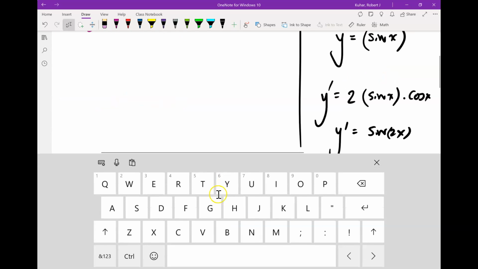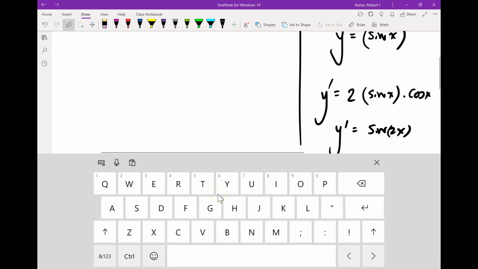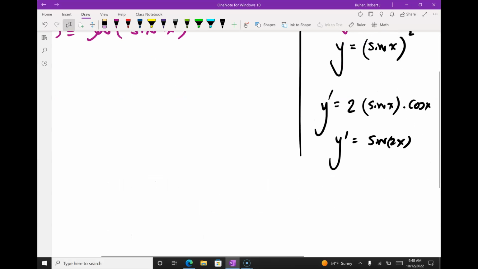If you look at my old quizzes and old tests from chapter 3, you'll see this function on there. In fact, you'll see this one too: y equals sine squared of 2x. Now the inside is sine of 2x, but that has an inside too.